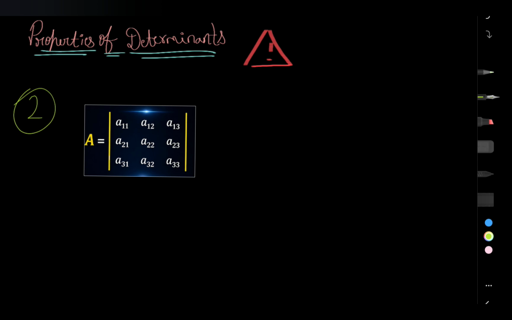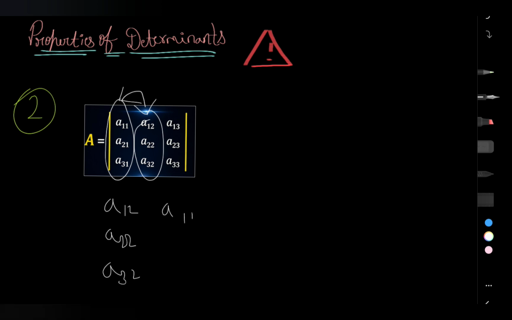If I interchange these two, then A12 will come here, A22, A32, A11, A21 and A33, and this will remain the same. Then this is multiplied by -1.